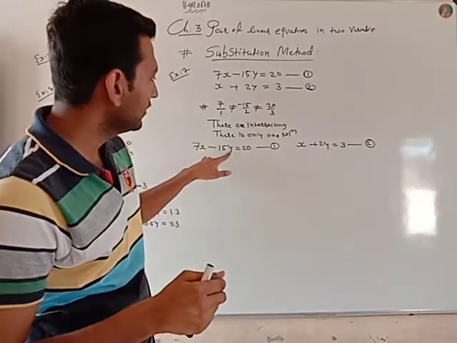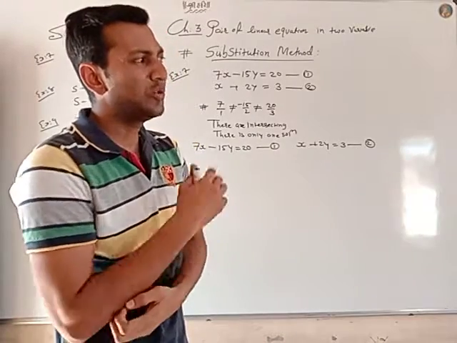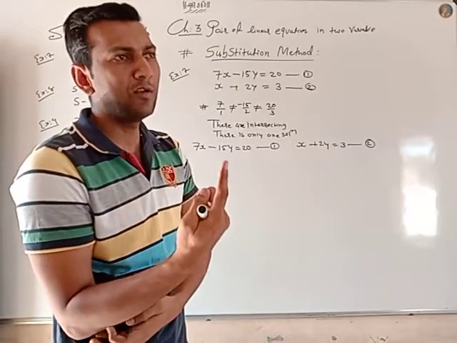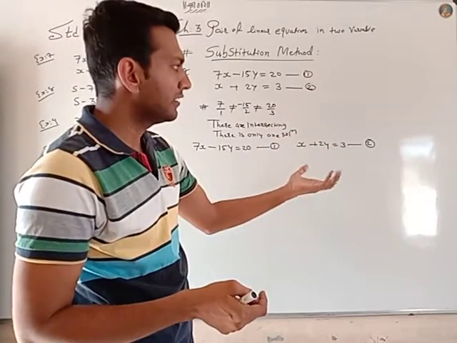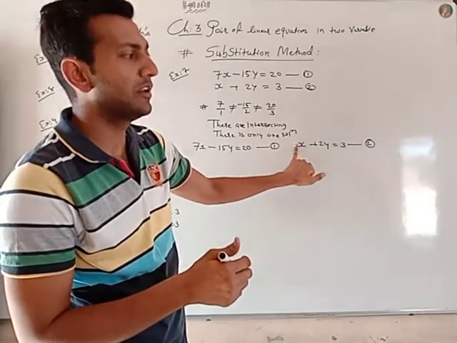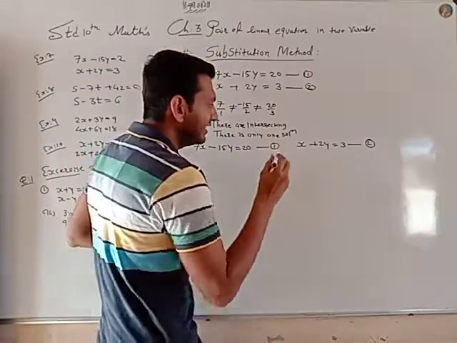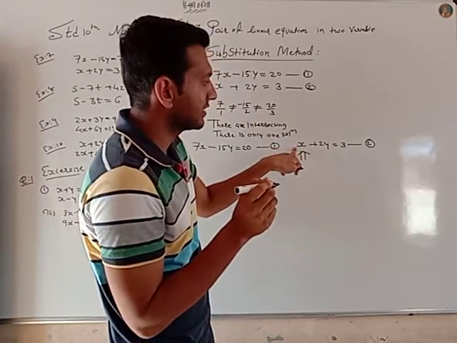So here there are 4 variables in two equations, and you have to find the value of whichever variable is convenient. The variable with coefficient 1 is very convenient. So in these equations I will find the value of x.